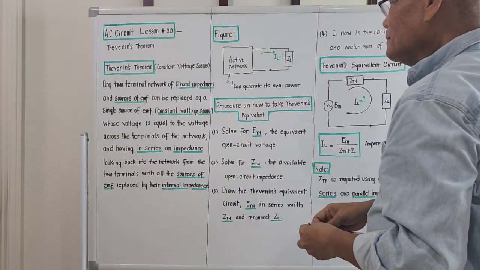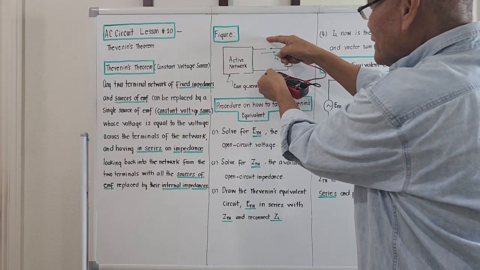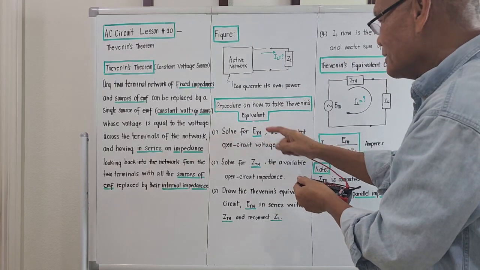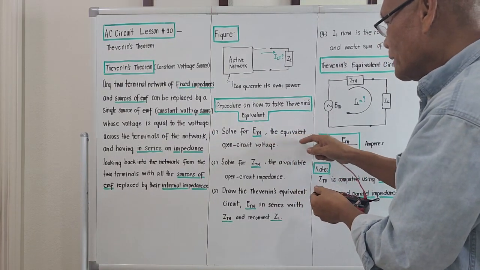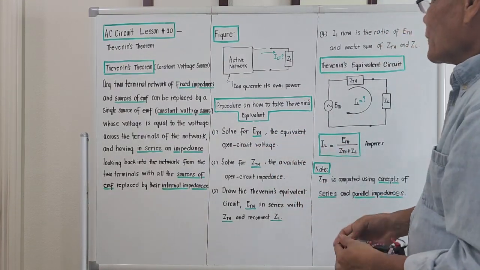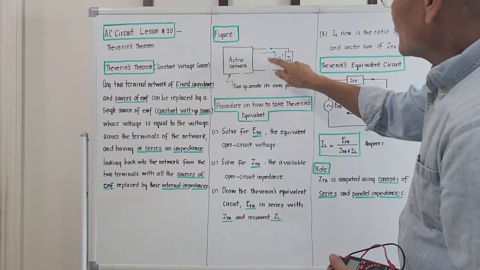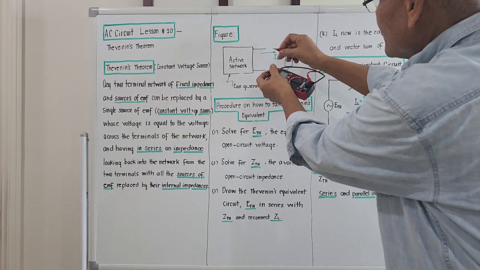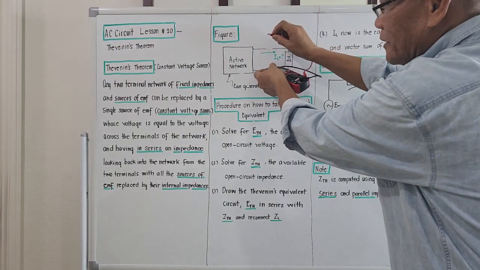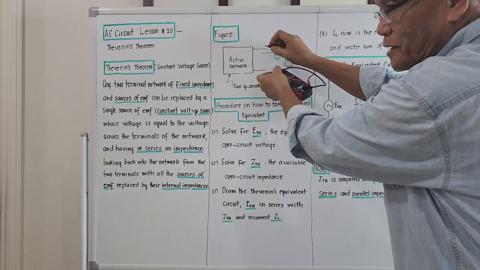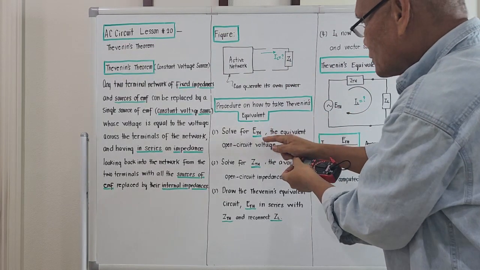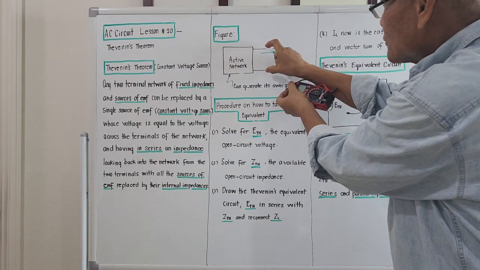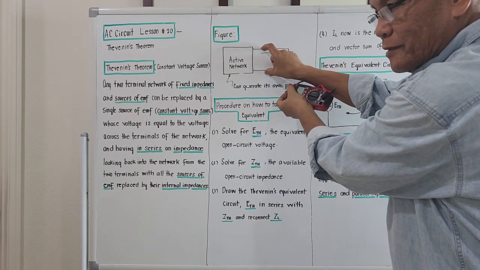According to him, what you can measure here is ETH, the Thevenin voltage, the equivalent open circuit voltage. Open circuit meaning there's no load connected yet. So he just put the voltmeter over here and measured ETH, that is E with the subscript TH, the Thevenin voltage, the open circuit voltage that will come out here.